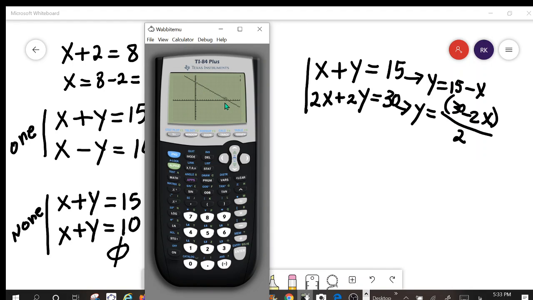So what's the solution? Well, the solution would be every point on this line, right? Because both lines are actually the same. So anything that works here, it works here too. For example, let's say 10 and 5. 10 plus 5 is 15. 2 times 10 plus 2 times 5 is 30.